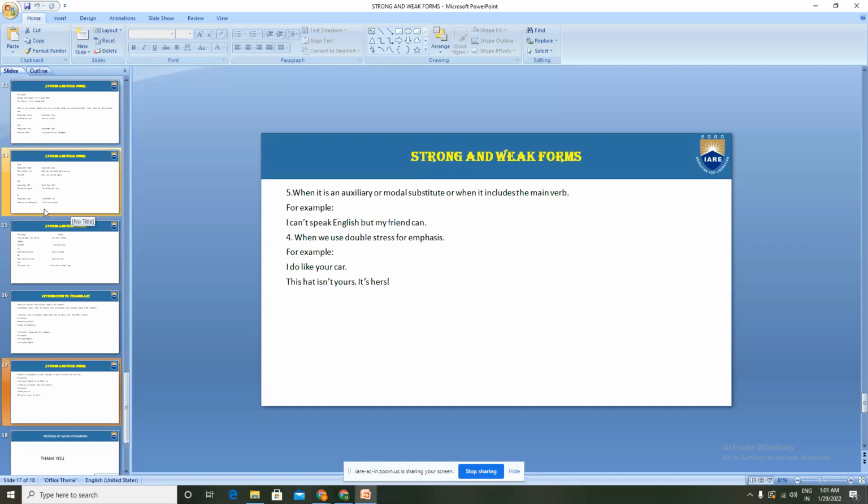Next is the oral presentations. Ma'am has given instructions on how to do these oral presentations.